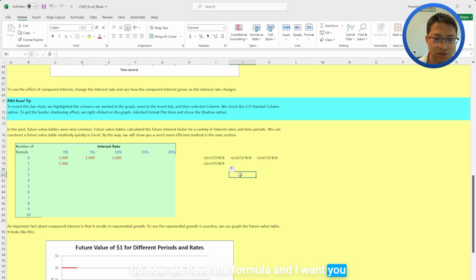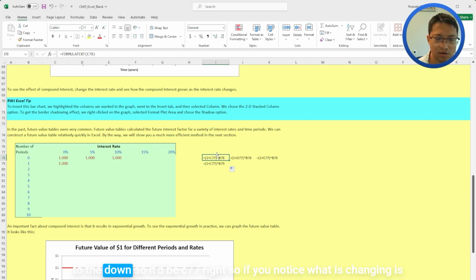I want you to see where the commonality is here. So let's start from this C77. To the right, it will change from C77 to D77 to E77. To the down, it stays 77, right? If you notice, what is changing is basically this C to D to E to F, all the way to the right. But to the down, nothing changes, right?